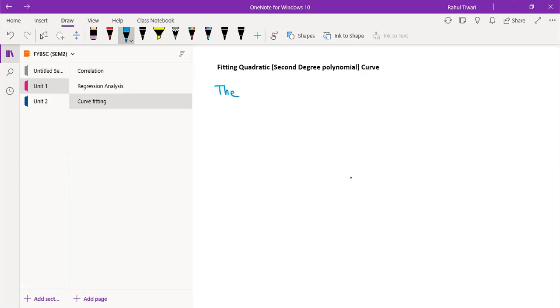The quadratic equation is given by, what is that? Y is equal to a plus bx plus cx square. Okay. So you can understand.